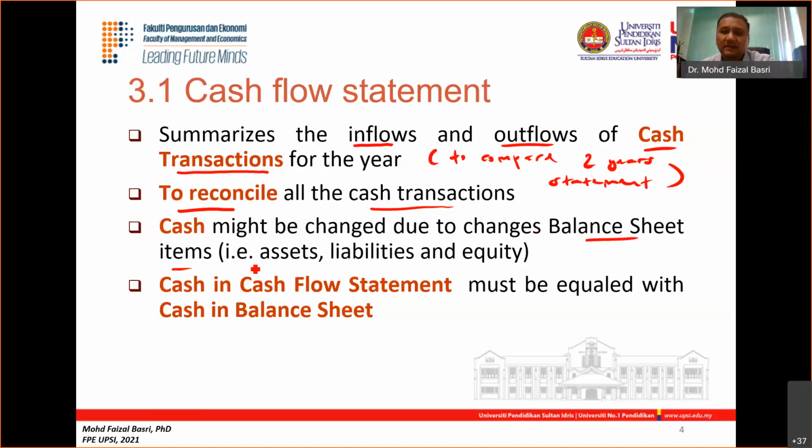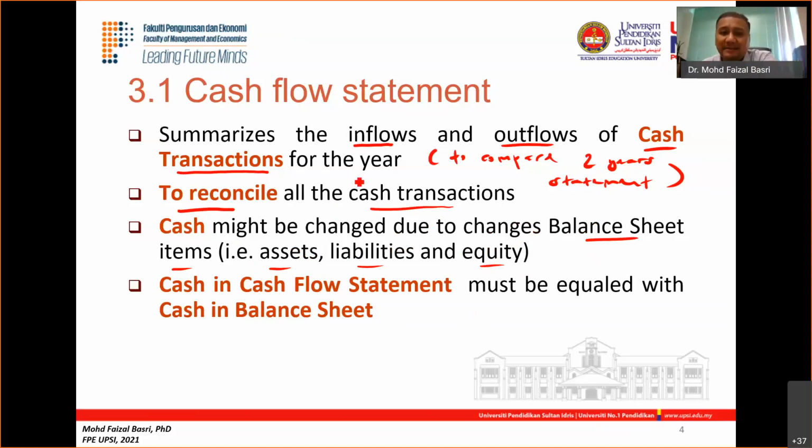If you remember, from the second topic we discussed already, items on the balance sheet: assets, liabilities, and also equity. So we are going to explore or look deeper into them.